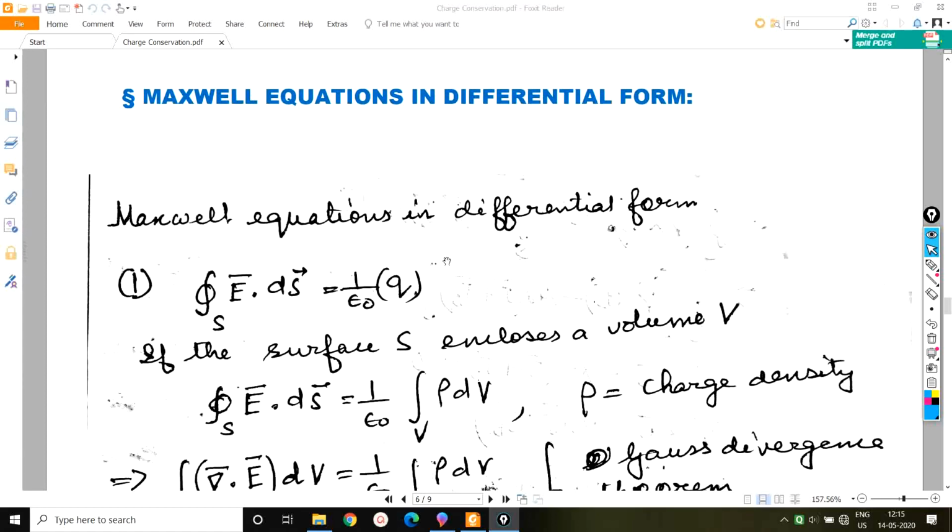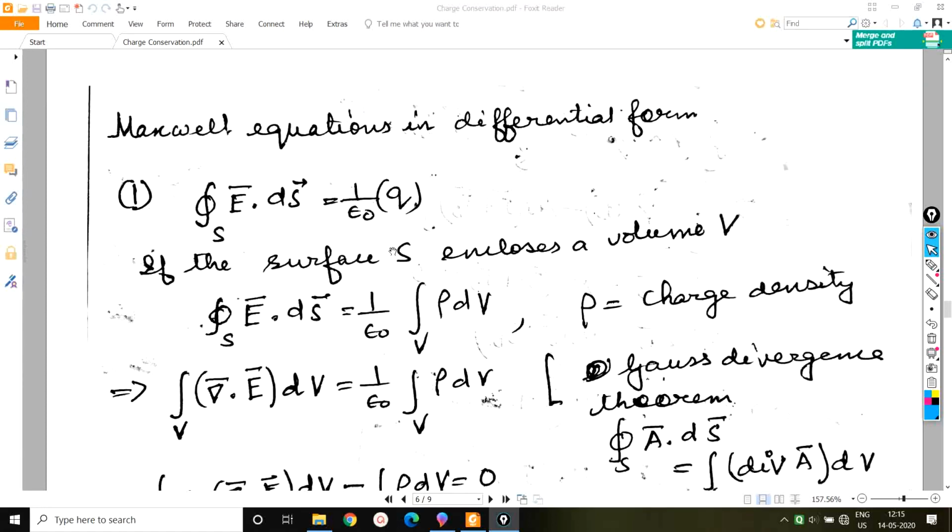So first, let us start with Gauss's law. That is, the surface integration of E dot ds is 1 by epsilon 0 times q. So we take the first equation here, and you have a surface that encloses a volume V. So you have this surface S, and it encloses a volume V. Now we have the surface integral of E dot ds equal to 1 by epsilon 0 times q.